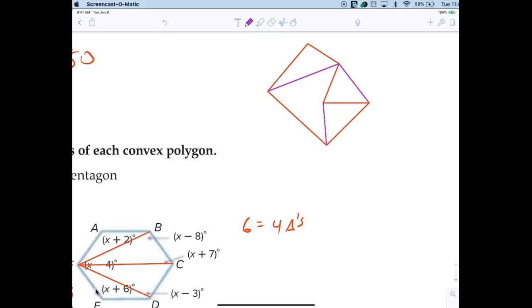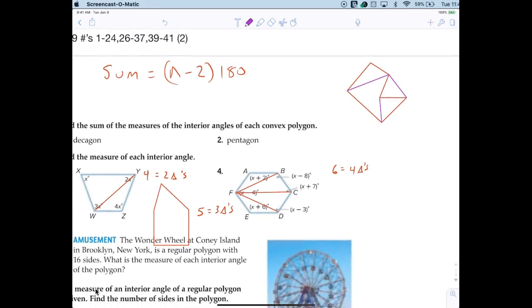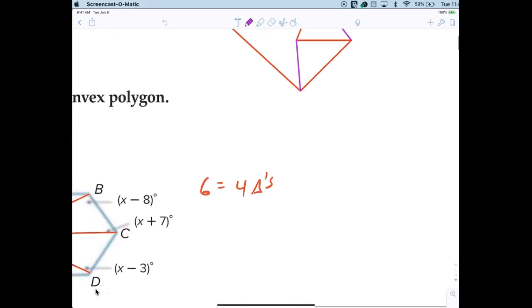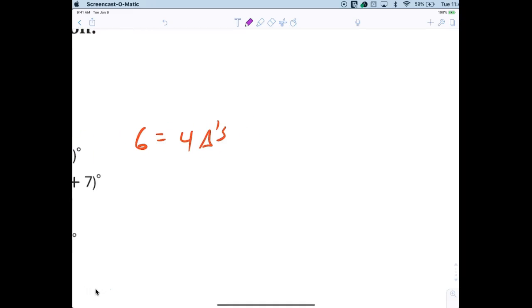All right? Now that you know the difference between concave and convex, the next thing is we're sometimes going to call a regular pentagon or a regular hexagon. So if I drew a regular, I'm going to try to draw a regular hexagon.